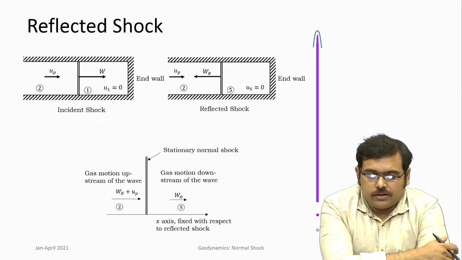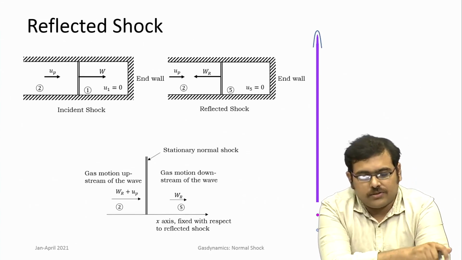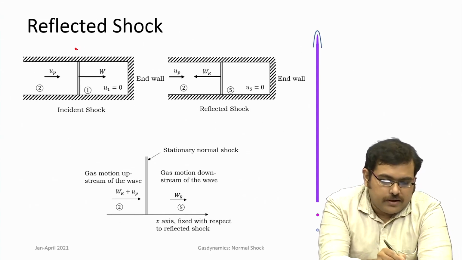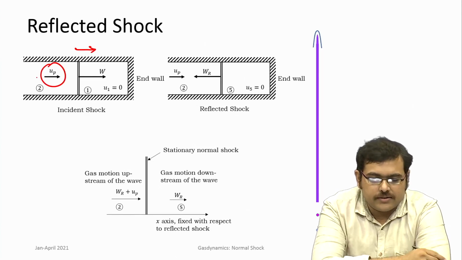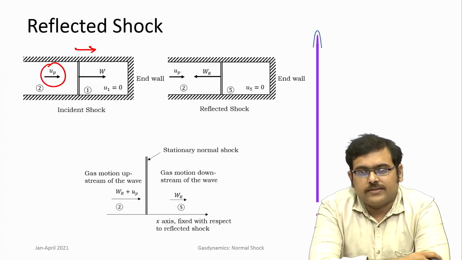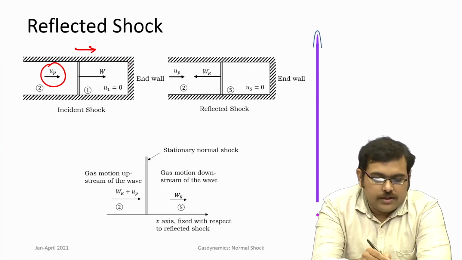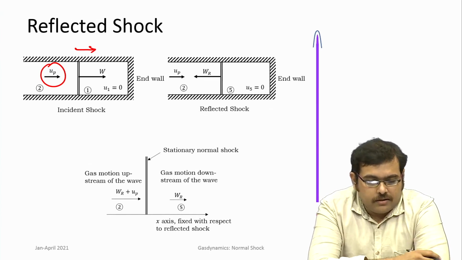Now, let us see, often what happens is that you have the shock wave moving, and there is a gas motion behind it, and it comes and hits on a solid surface. So, it can be in the case of a shock tube, or it can be otherwise also.